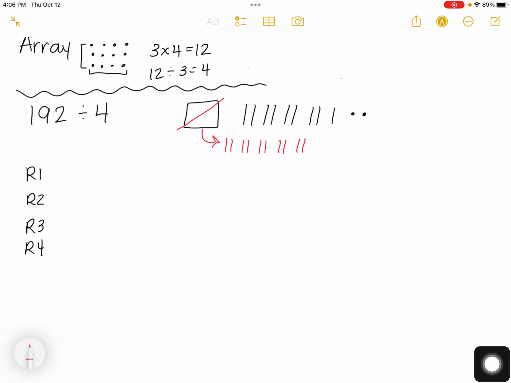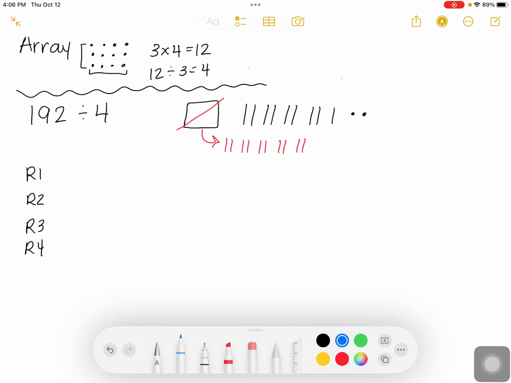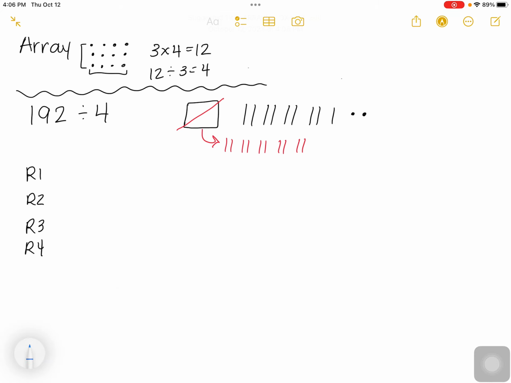So now what I would do is I would take all of these and start evenly distributing them amongst the 4 rows. So I can go 1, 2, 3, 4. That eliminates these. And then do it again. 1, 2, 3, 4. That gets rid of those.